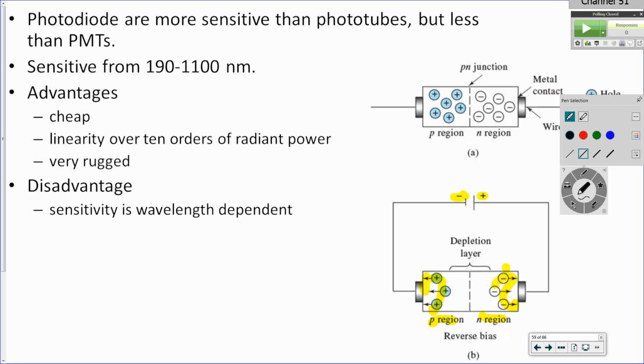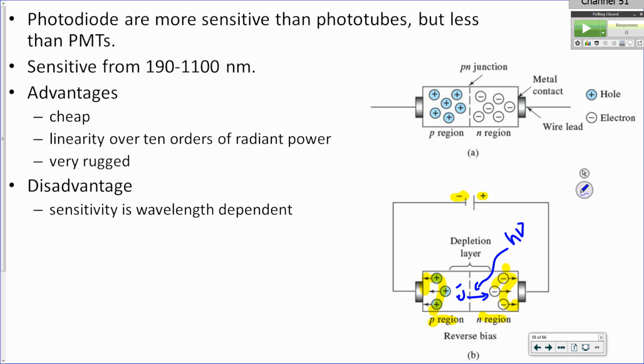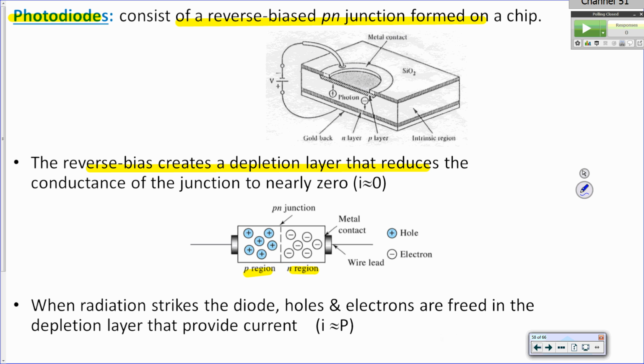What happens is a photon of light, h nu, comes in and strikes this region, and it creates a hole. It kicks an electron off, which is free to flow this way, and a positive charge carrier which flows this way, and that gives you the flow of current across the wire. So that's the way that detector works.